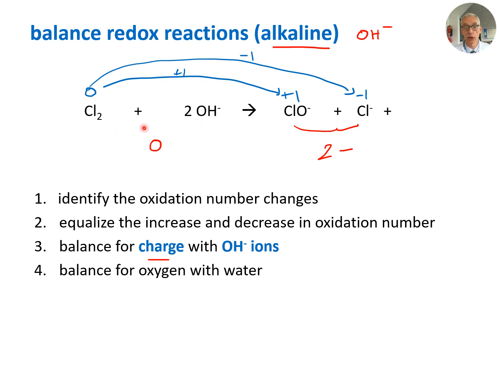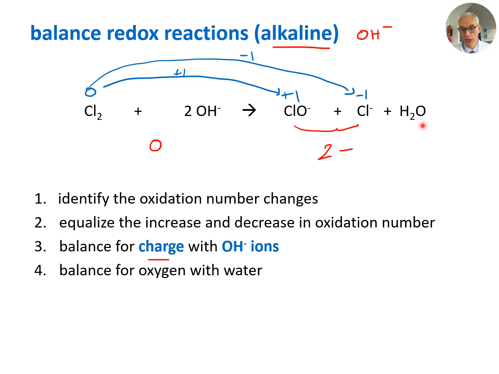So we've got a total charge of 2- on the left-hand side and a total charge of 2- on the right. We then balance for oxygen with water. Well, I've got 2 oxygens on the left-hand side and 1 on the right-hand side already, so I need to add 1 water molecule.